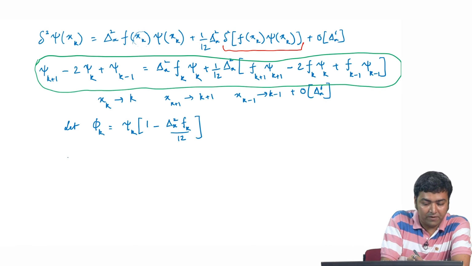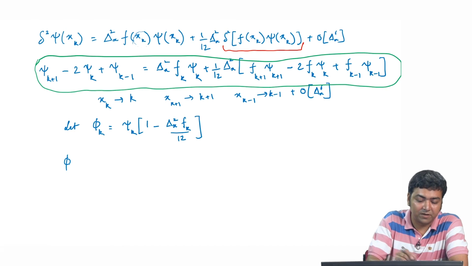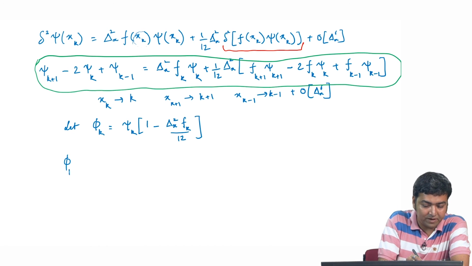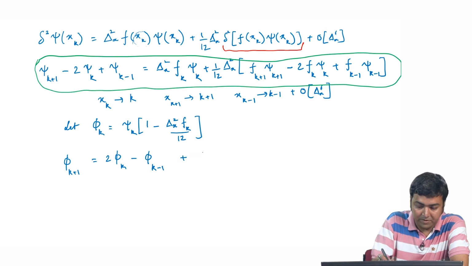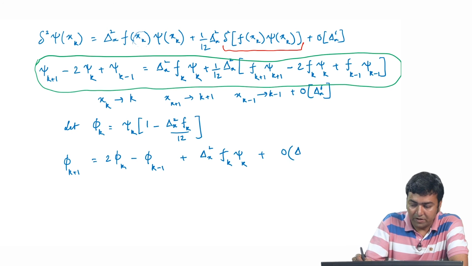Without doing the detailed algebra, I am just writing the final result: phi k plus 1 equals twice phi k minus phi k minus 1 plus del x square f k psi k plus order del x to the power 6.